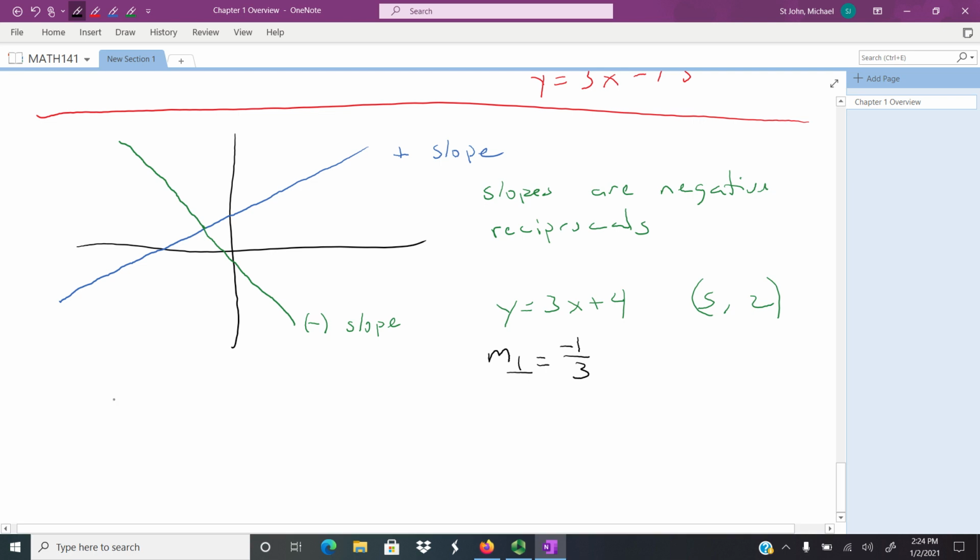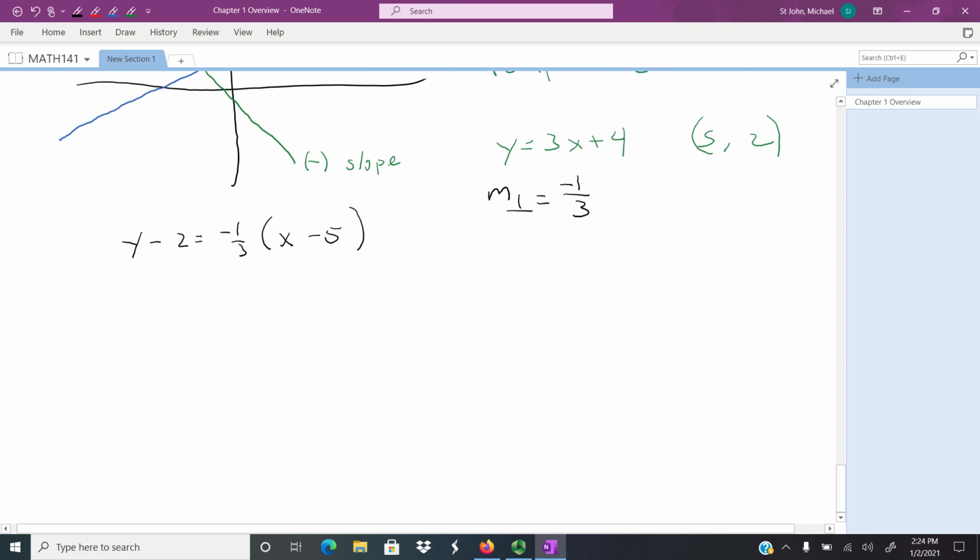So now I get y minus 2 equals negative 1/3 times (x minus 5). And then again, I can rearrange this: y minus 2 equals minus 1/3 x plus 5/3, and bring the 2 over.